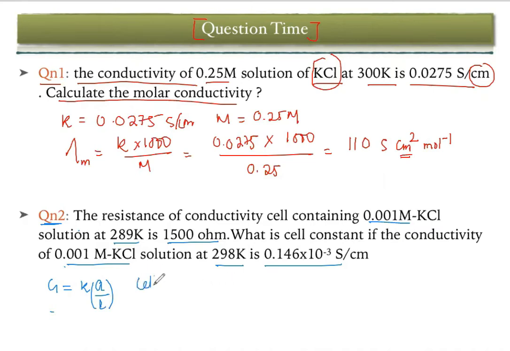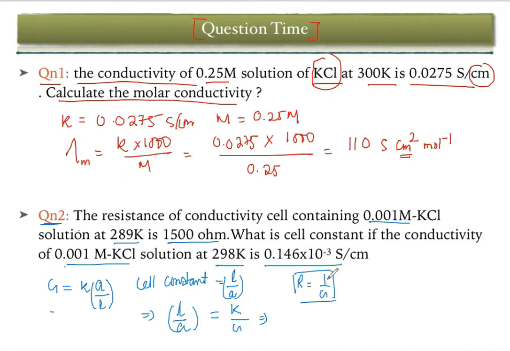Our cell constant is L by A. So to change this equation in terms of L by A, we have to rearrange it: L by A is equal to kappa by G. Kappa by G can be expressed using R is equal to 1 by G, right? R is equal to 1 by G. So putting this in, this is the cell constant L by A.